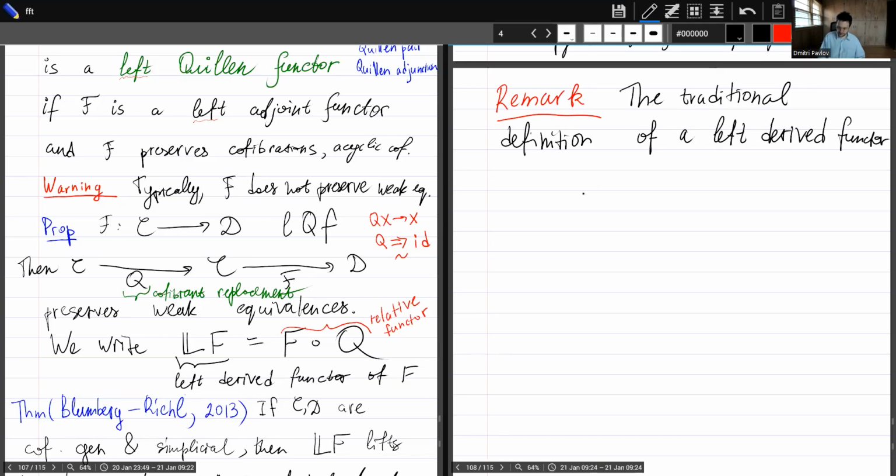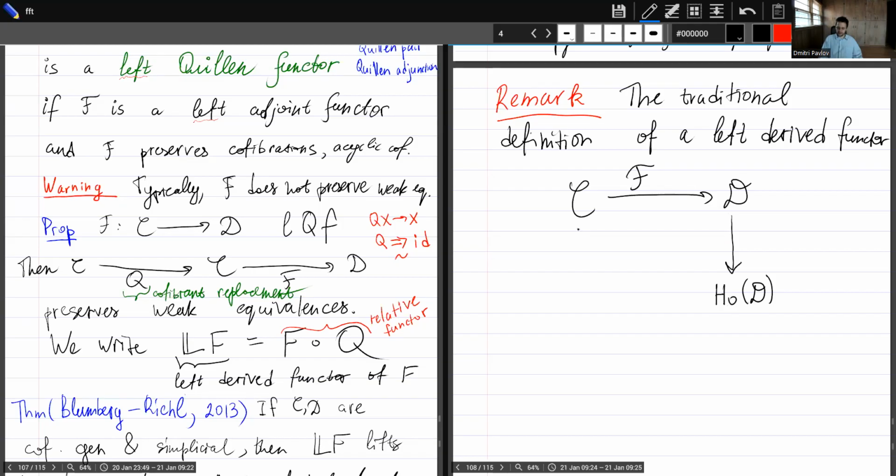So as before, you have a functor F, and in the traditional literature, you will see a definition such as D, being a relative category, maps to its homotopy category, which is simply the category of fractions in the traditional sense of D with respect to weak equivalences.